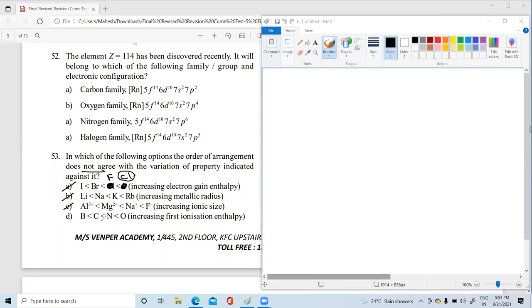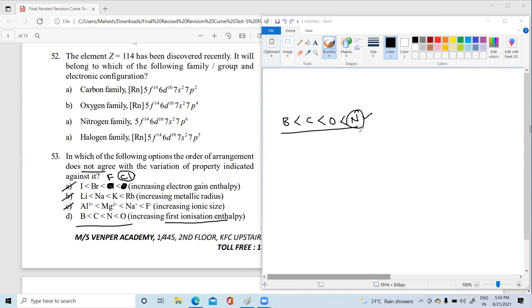So now we can go for boron, carbon, nitrogen, oxygen. So this is the wrong statement, students. They're asking here about first ionization enthalpy. As we know very well, for first ionization enthalpy, boron is less than carbon, and carbon is greater than oxygen, but oxygen is lesser than nitrogen. This is the correct order, and this is the wrong one they have given. Why?